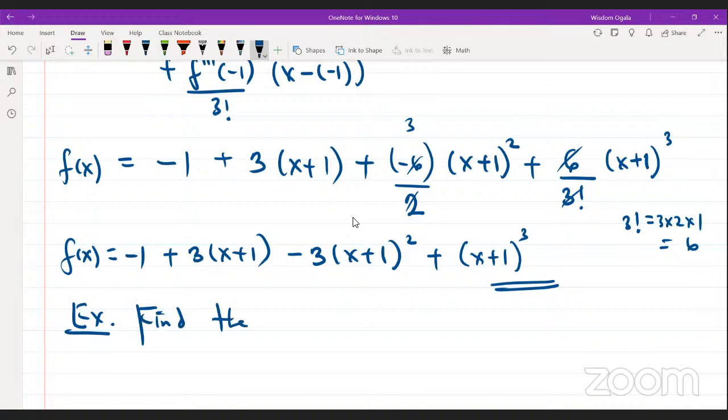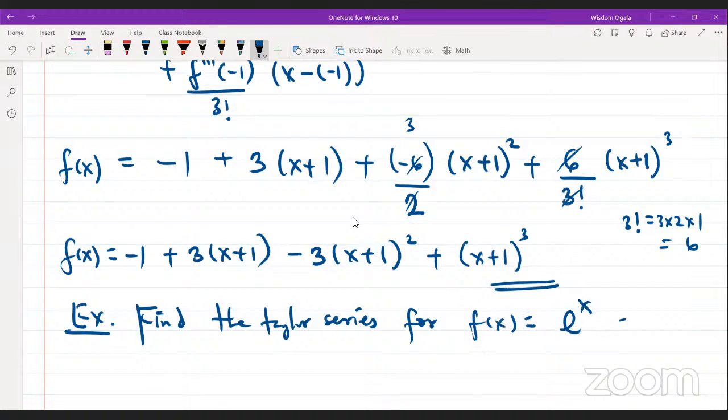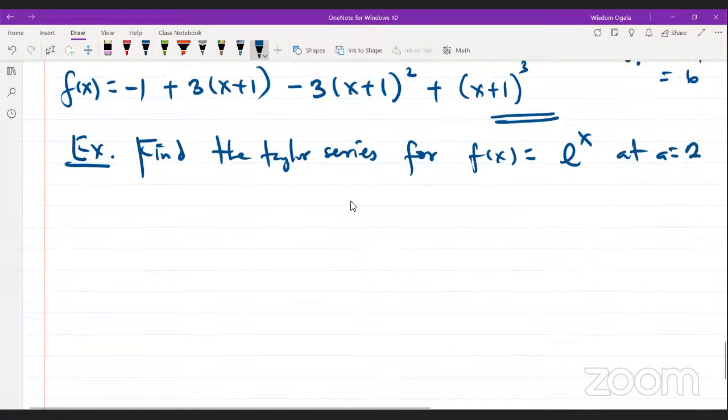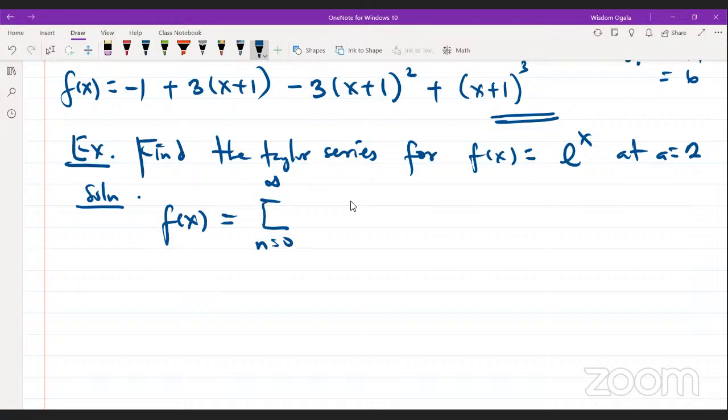Find the Taylor series expansion for f of x equals, now this is an exponential function, e to the x, at a equals 2. Where do we start from? Okay, so we need to remind ourselves what the Taylor series formula looks like. So you have f to the n of a divided by n factorial, x minus a to the power of n.